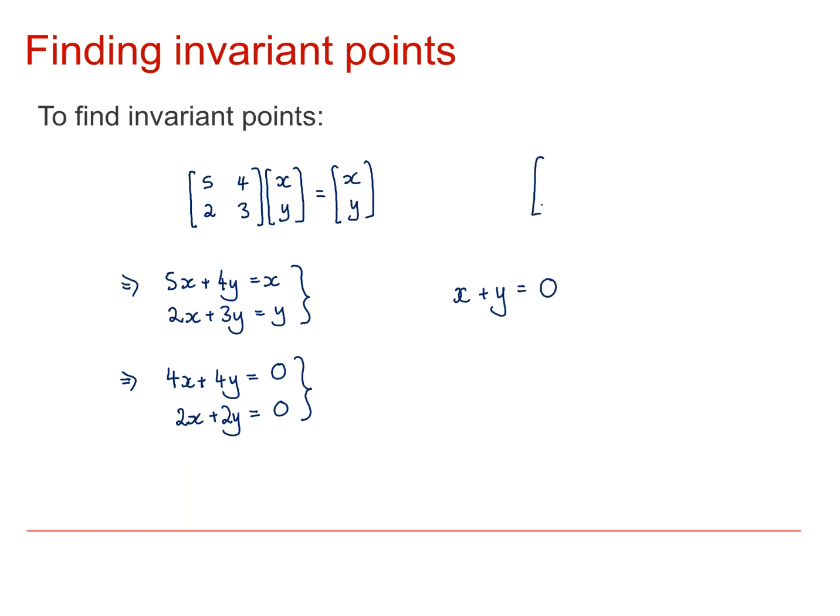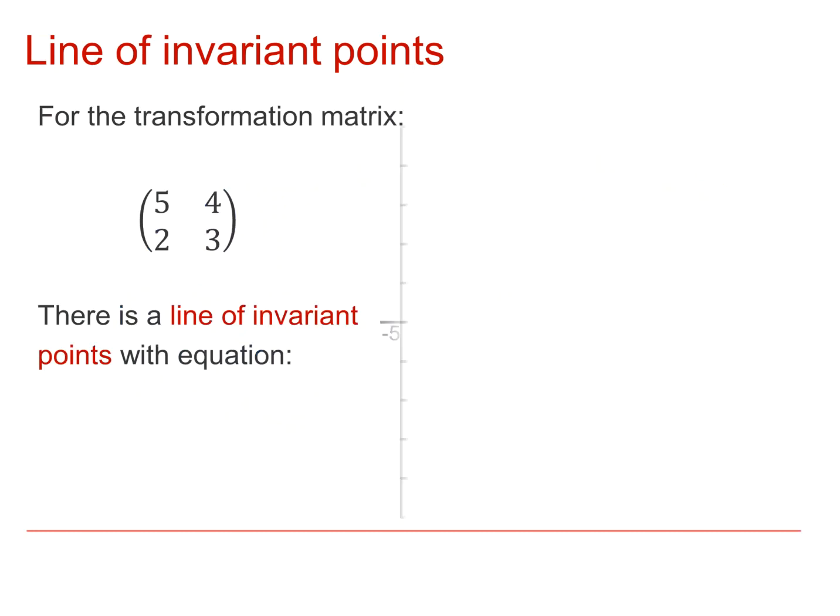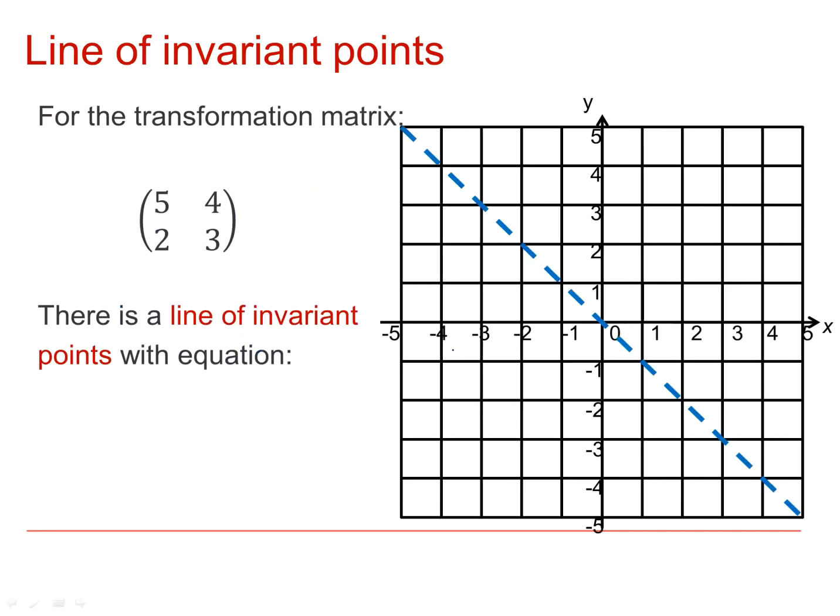For example, 5, 2, 4, 3 multiplied by 5, minus 5, where x plus y equals 0, gives 25 take away 20 is 5, and 10 take away 15 is minus 5. Every point on this line remains stationary. It's a line of invariant points, and it has the equation x plus y equals 0.